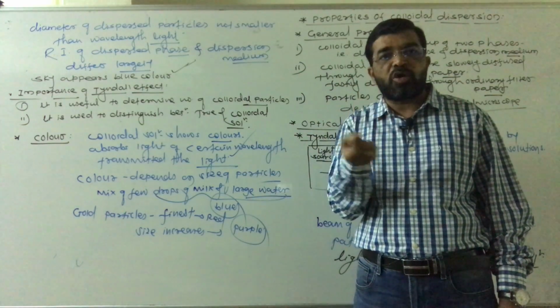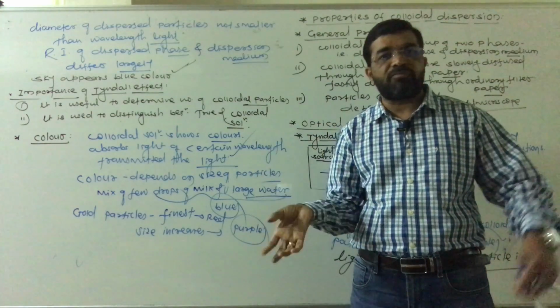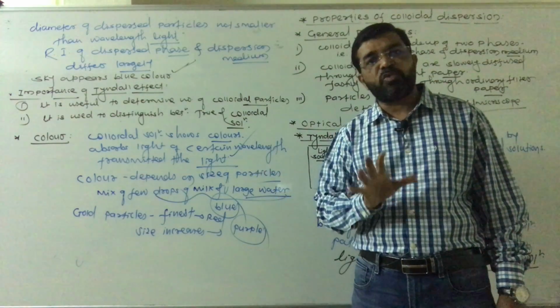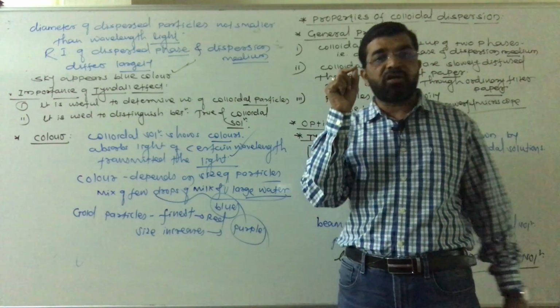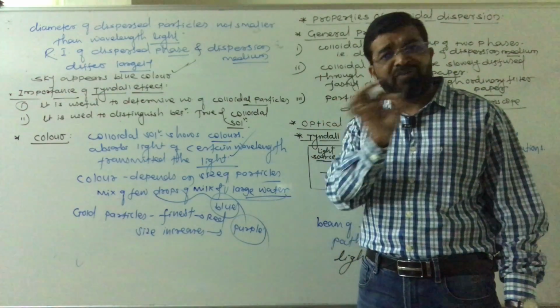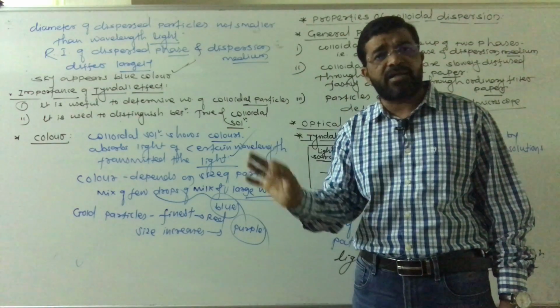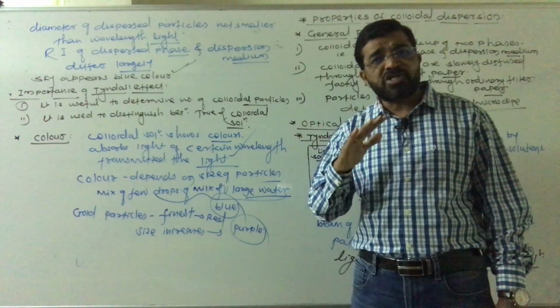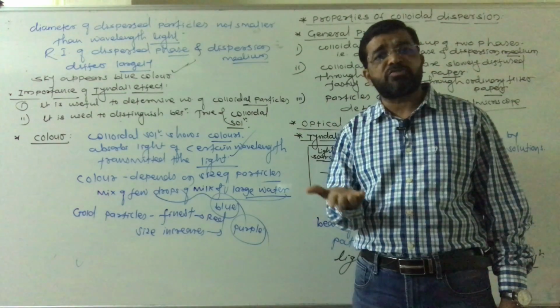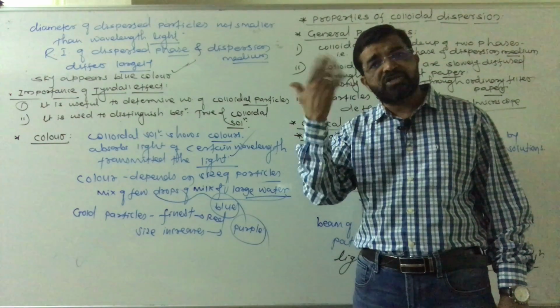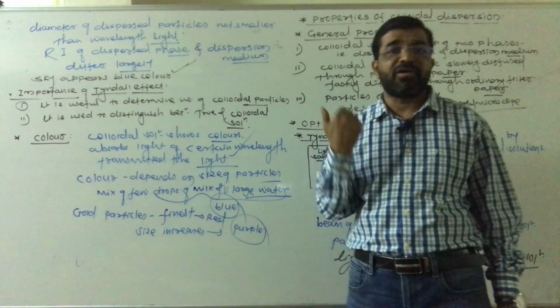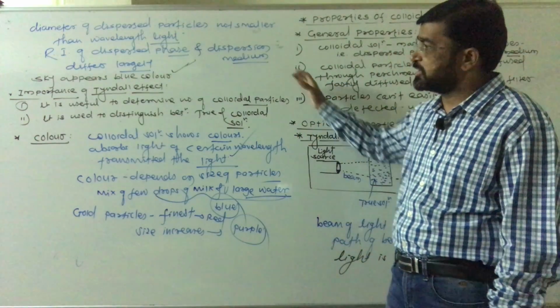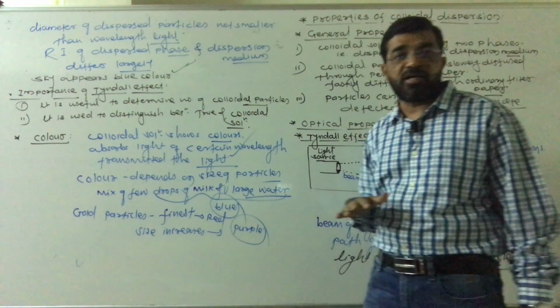If you take a few drops of milk and a large quantity of water, it appears blue due to scattering of blue light. When gold particles are finest, they are red, larger gold particles are purple, and larger colloidal particles again are yellow. So that is the color of a colloidal solution.